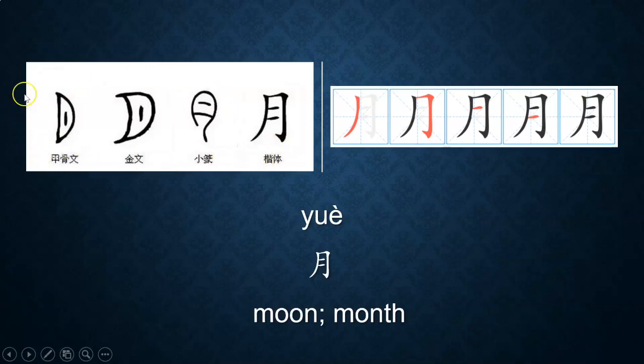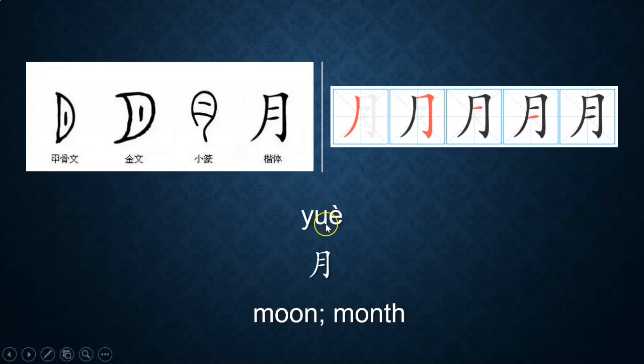From the ancient versions we can see that the shape is more like, do you remember? We actually learned this character when we were in year 4. It is the character for the moon. Yes, it's the moon. Gradually, the shape of the character moon has turned into this, which is a lot more standardized instead of looking like a picture. It is easier for people to write and carve.